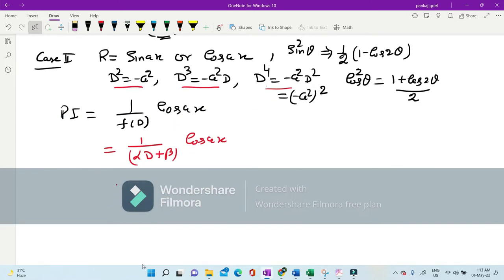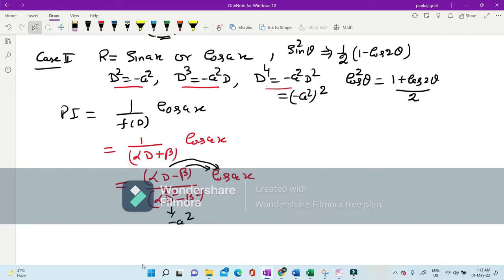If we rationalize the denominator, we can write alpha d minus beta upon alpha square d square minus beta square, since a plus b times a minus b is a square minus b square, cos of ax. Put the value of d square again as minus of a square, and we can just operate here and then write the answer.